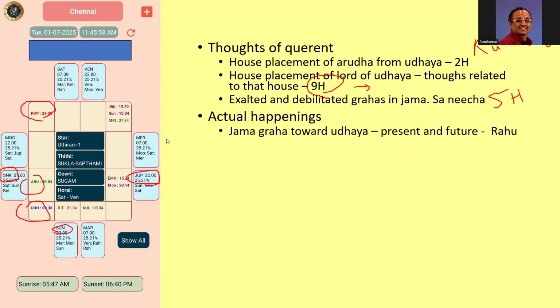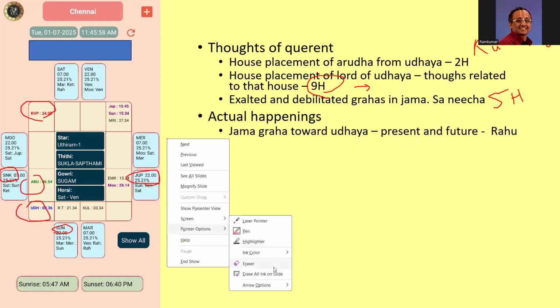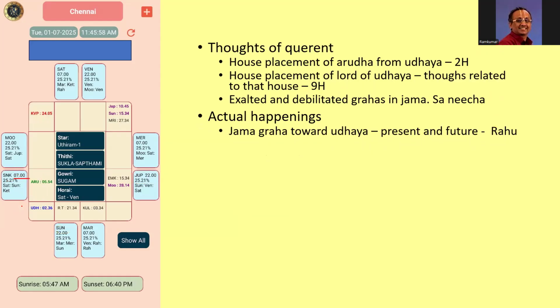Rahu is at 7 degrees here, so this will travel this way. So snake is going to approach Udaya. And the Graha which has crossed Udaya is Sun. Sun is the 9th Lord once more.